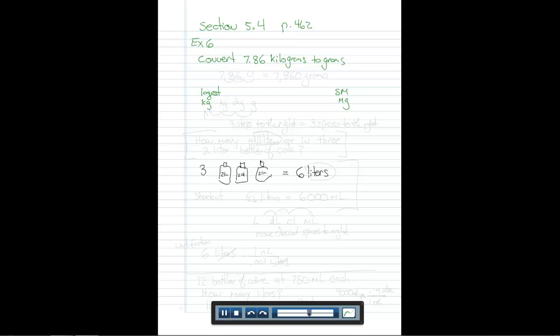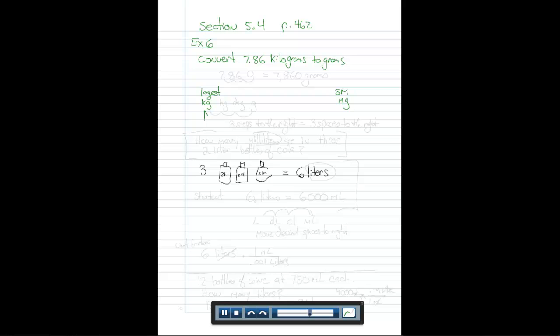And so for this one, we're starting at 7.86 kilograms. We're going how many steps? So 1, 2, 3. You see that to get to the grams?